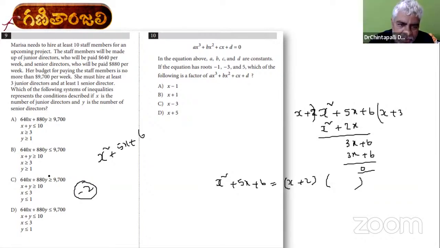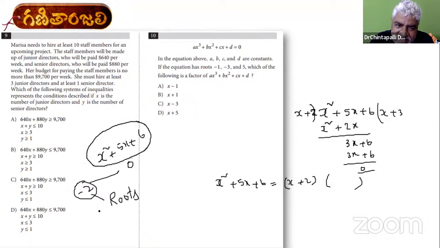If we plug in -2, we get 0. Getting 0 means -2 is called one of its roots. One of the roots of x squared plus 5x plus 6 is -2.